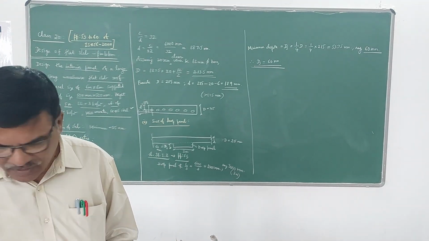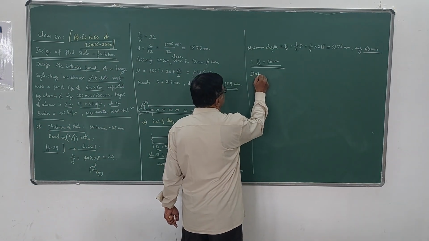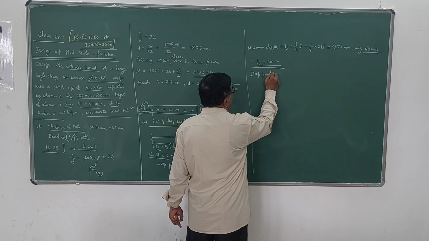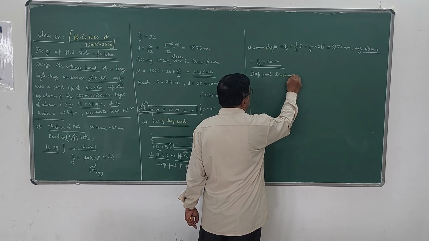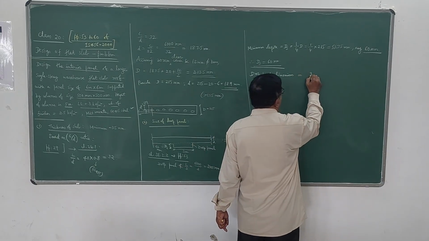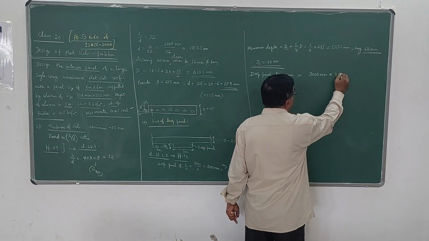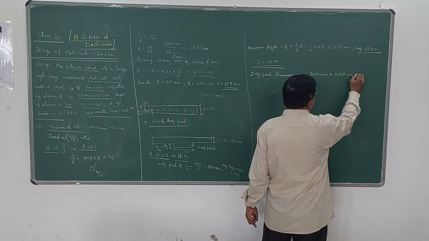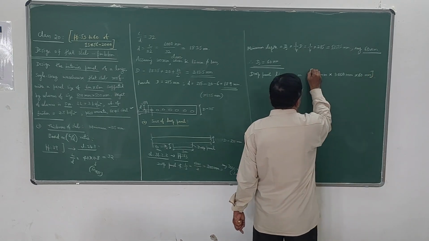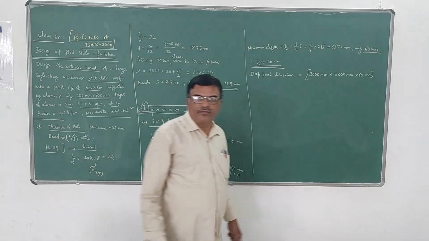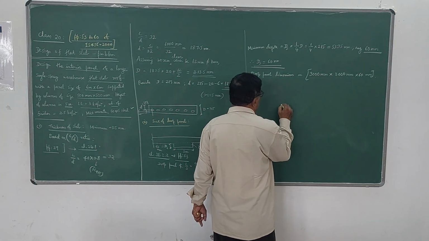So now the overall drop panel dimensions. It's a square panel, so 3000 mm by 3000 mm by 60 mm. Got it? When you see from the top, the column will be there like this.